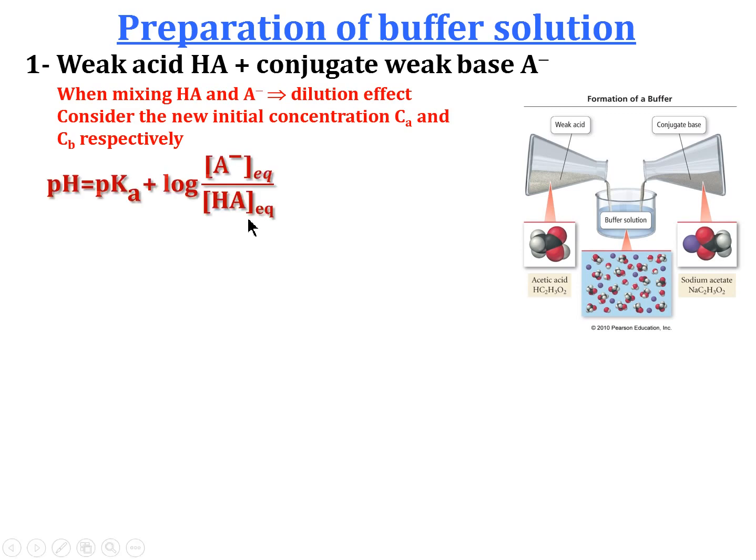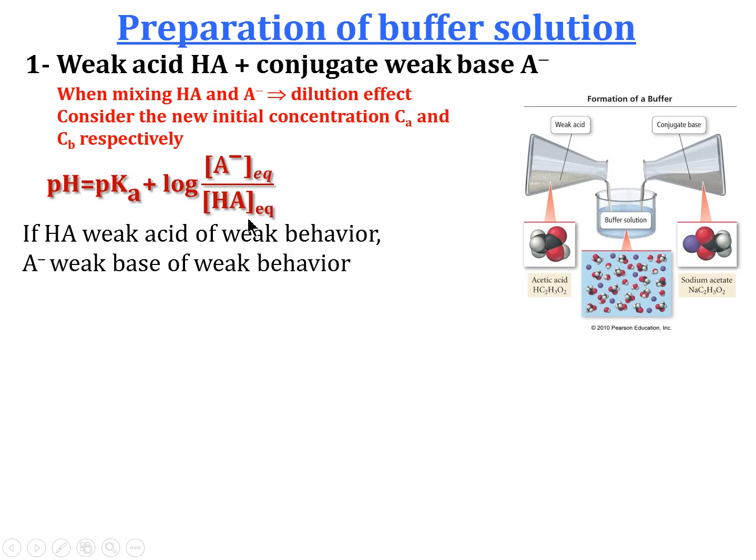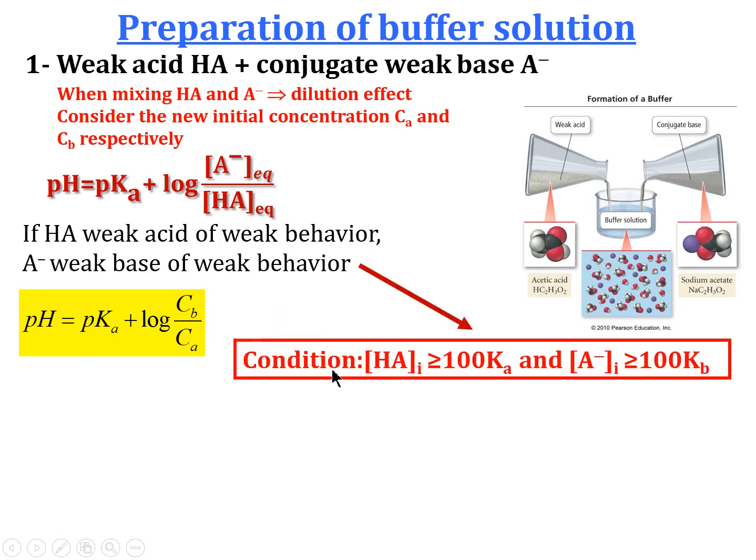In the previous slide, we proved that the formula is pH equals pKa plus log Cb divided by Ca, and this formula is applied under two conditions. First, we neglect the autoionization of water. Second, we suppose that the acid and the base have weak behavior. What is the meaning of weak behavior?